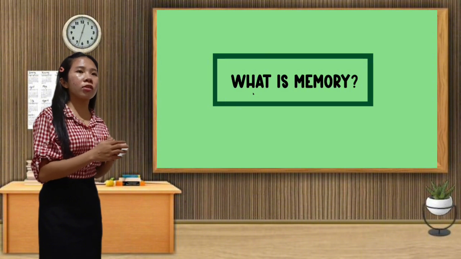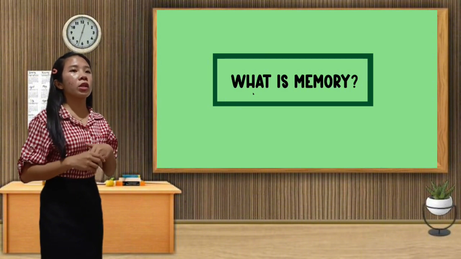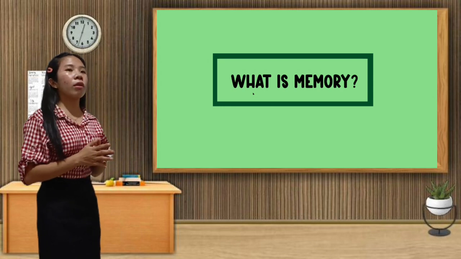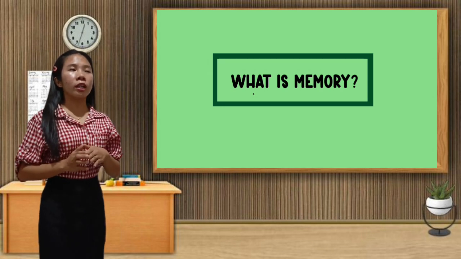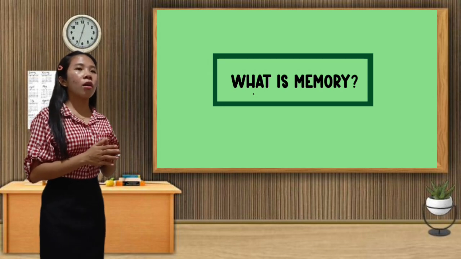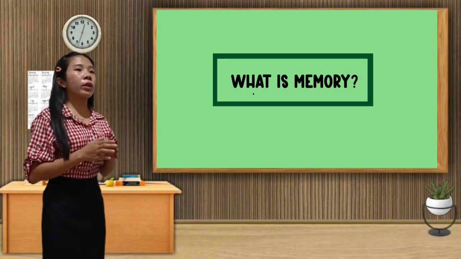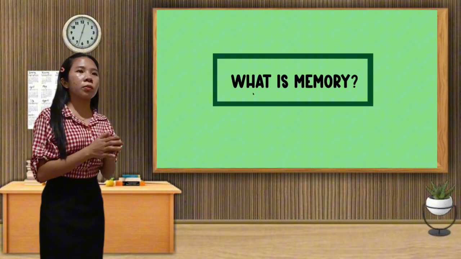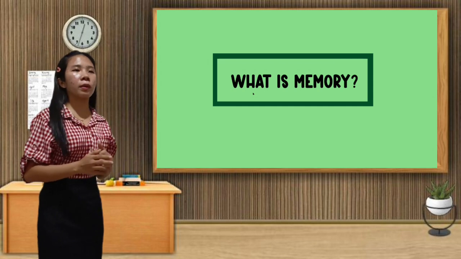So just like this, memory is also very important for computer system because in computer system we have to store some data or information, and for storing these items we need some memory or space.